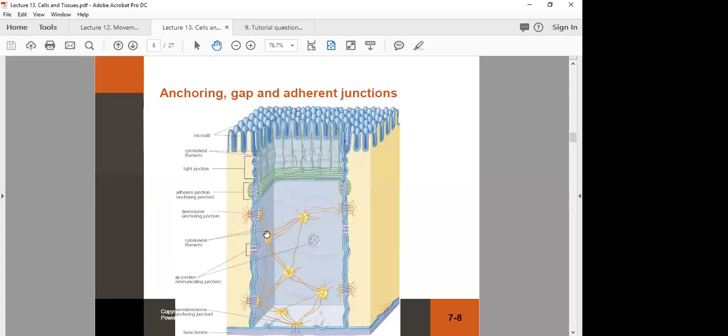Does anyone remember, when we're talking about these filaments inside the cell, what do they actually make up inside the cell, these different types of filaments? I'll give you an example.